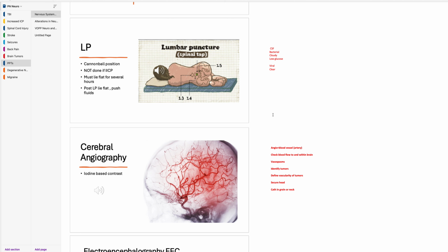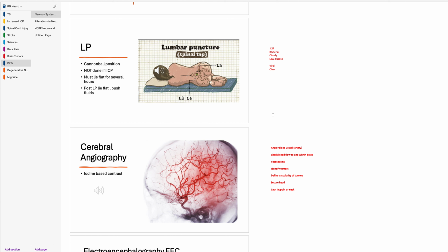So somebody had maybe an ischemic stroke, or somebody had a TIA, or somebody has an aneurysm and they're checking for vasospasms. So what they do is it's iodine based, and you need to warn the patient about a metallic taste in their mouth and a warm feeling when they put the dye in.